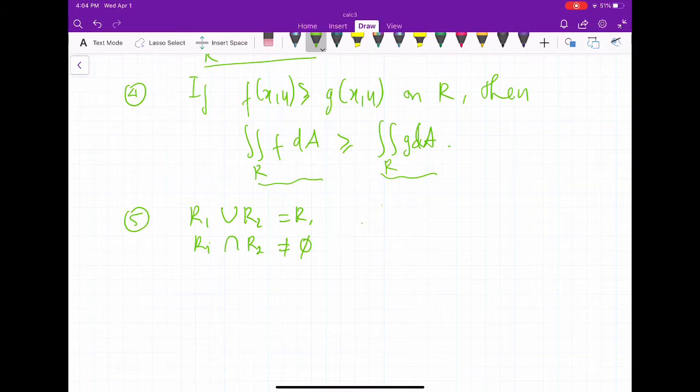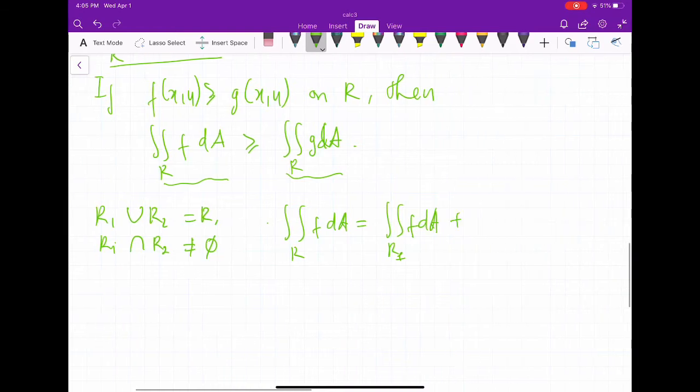Then we have the integral of f on R equal to the integral of f on R1 plus the integral of f on R2. Those properties are very natural.